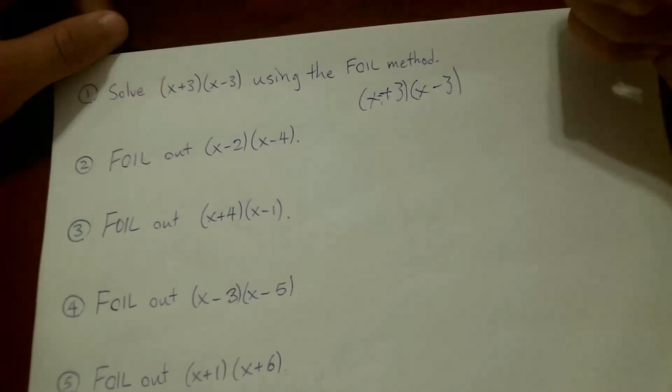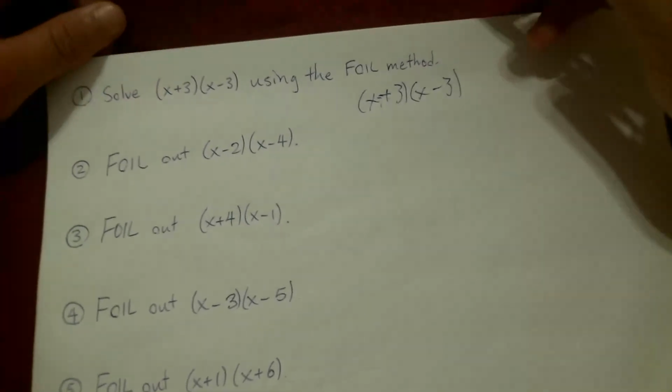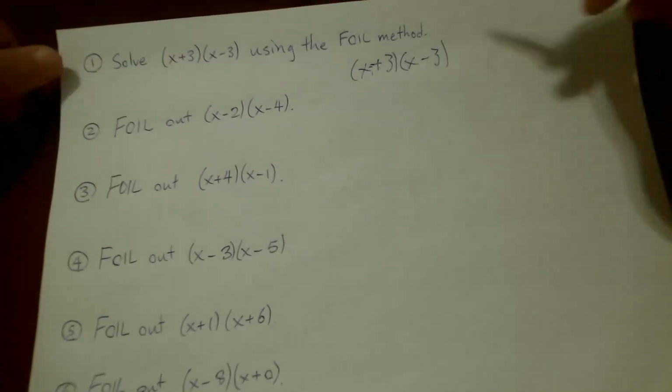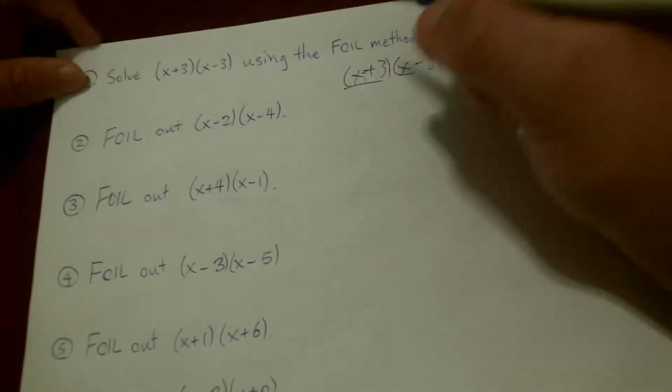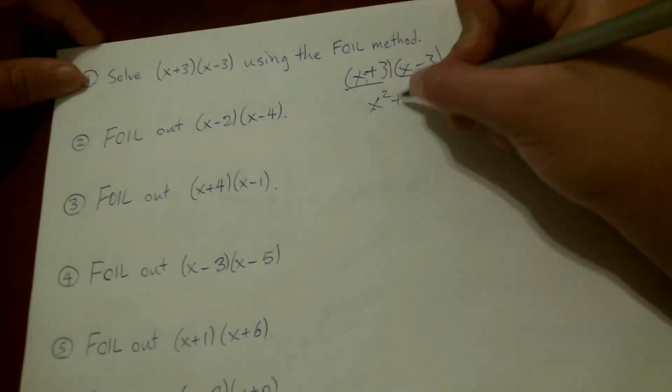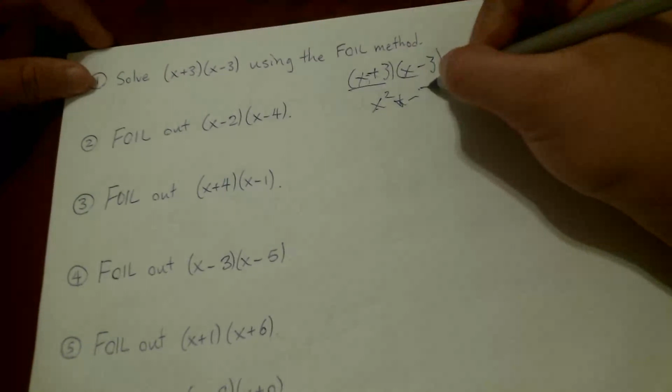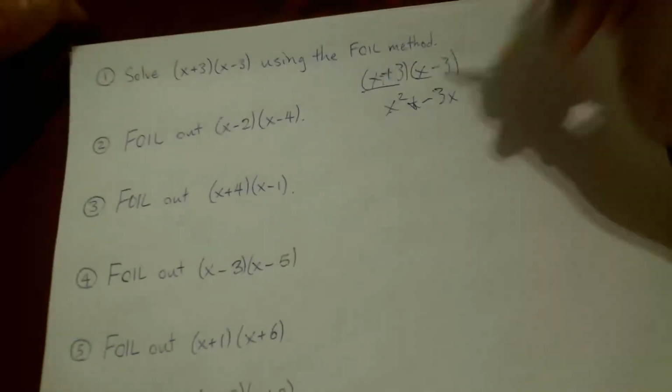So then this will just be x times x, that's x squared, plus x times negative 3, which is minus 3x, plus 3x again.